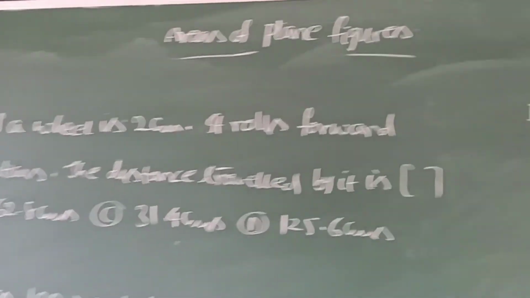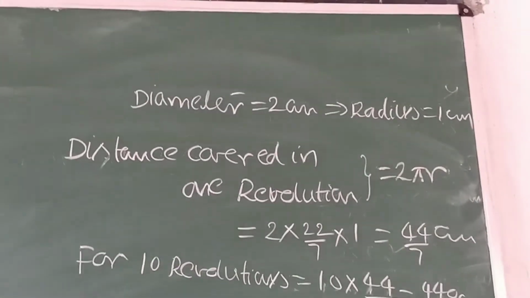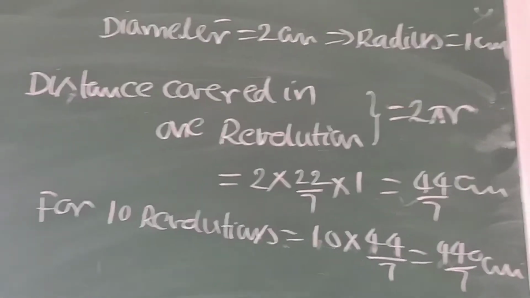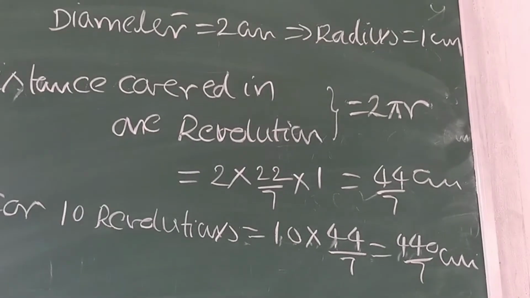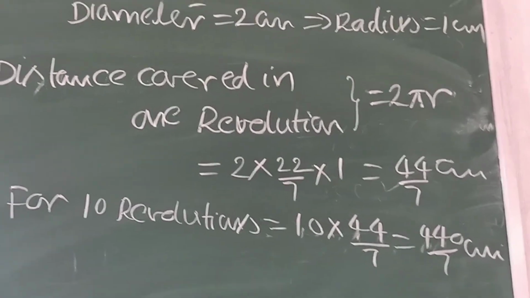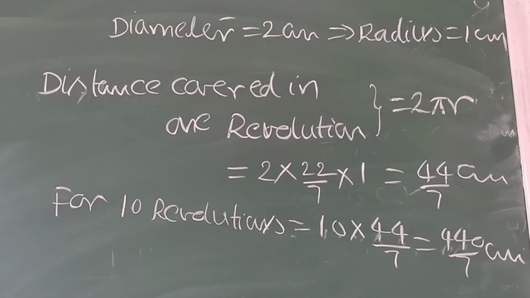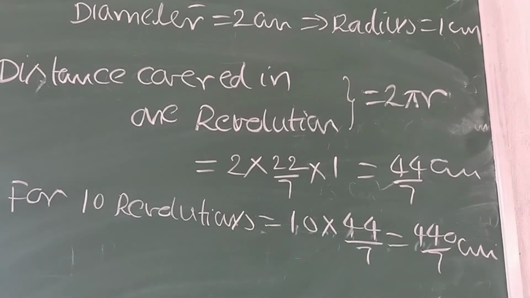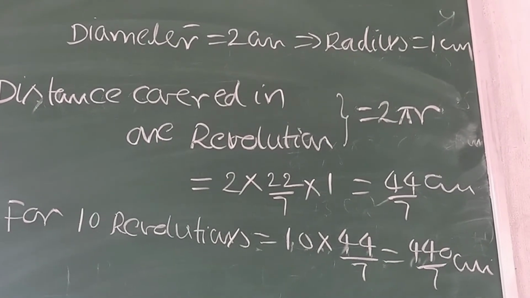So the diameter is 2 centimeters, the radius is automatically 1 centimeter. The distance covered in one revolution is nothing but the perimeter of the wheel, which is 2 pi r, that is 2 into 22 by 7 into the radius of 1 centimeter.